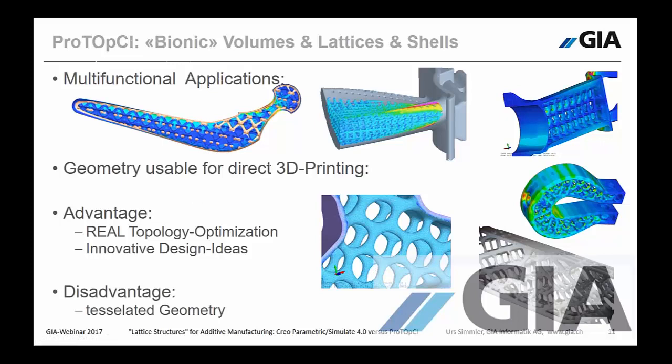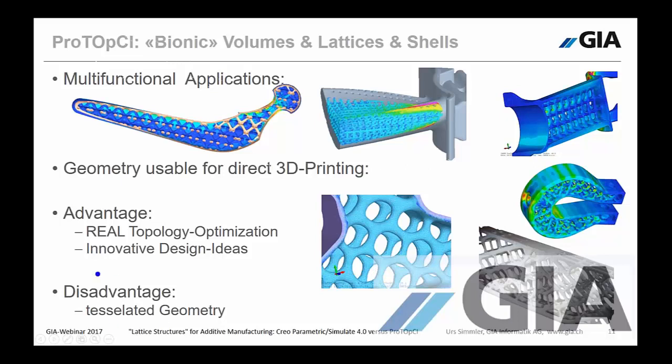The disadvantage is that right now we only get tessellated geometry, and if we want to bring that back to CreoParametric, then we have to remodel that component if we want to have a smooth or parametric B-rep geometry.